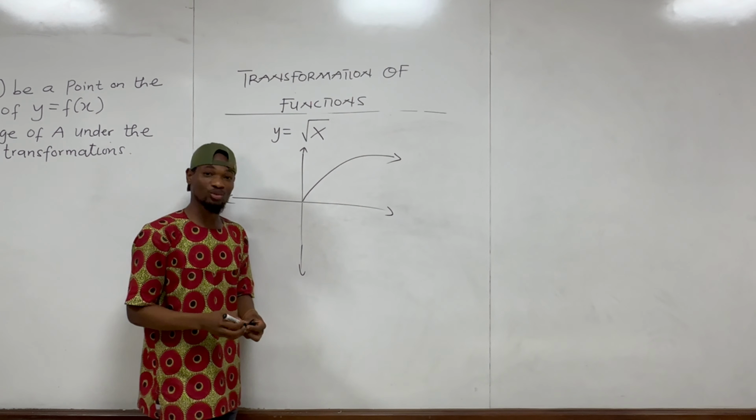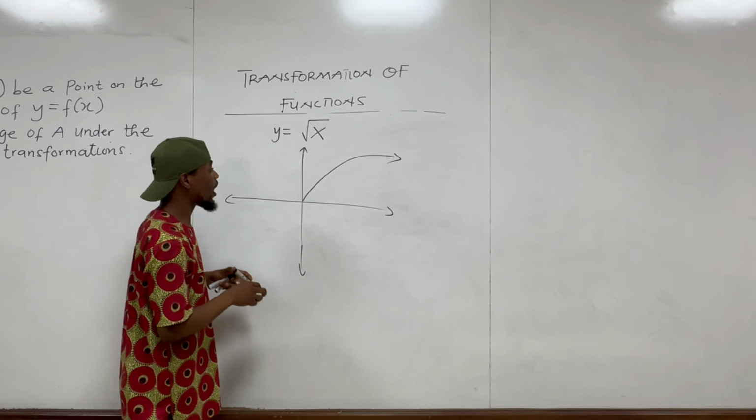So what happens if this time around y, which is the original function, y equals square root of x, is transformed? What do I mean by the transformation? So y is equal to square root of x. You have y equals negative square root of x.